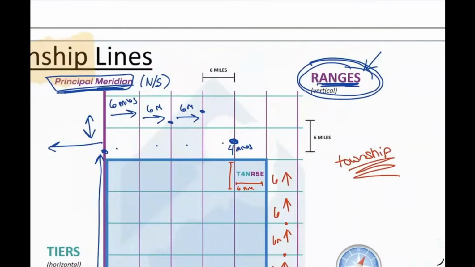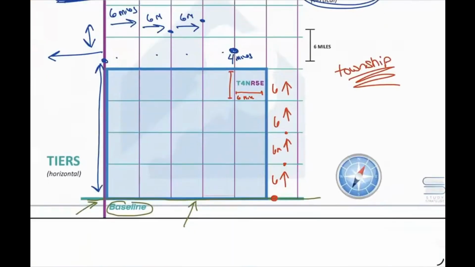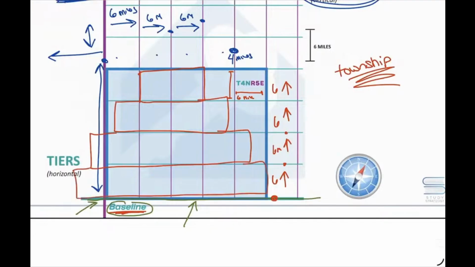Just remember, the ranges go off the principal meridian, and the tiers go off the baseline. Think of tiers like a tier on a cake. If this was a wedding cake, you'd have layer 1, and then you'd have layer 2, and then you'd have layer 3, and then you'd have layer 4. And of course, you'd have your little people here. Hey, there's a person. And then you'd have him holding hands with his wife, who's a stick person, whichever.